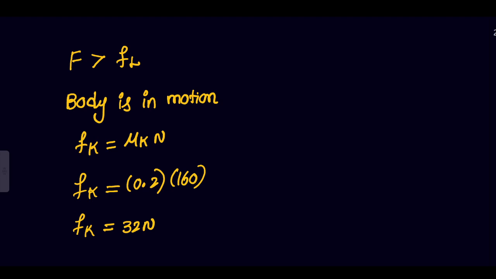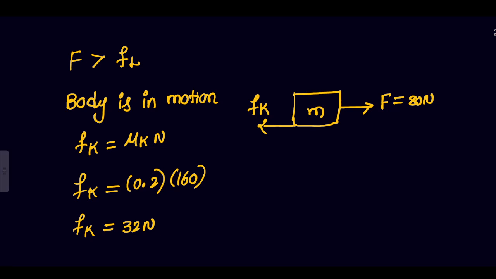Now we need to find the acceleration of the body also. Acceleration. So this is the applied force. How much is the applied force? 80 newtons. The frictional force is Fk.